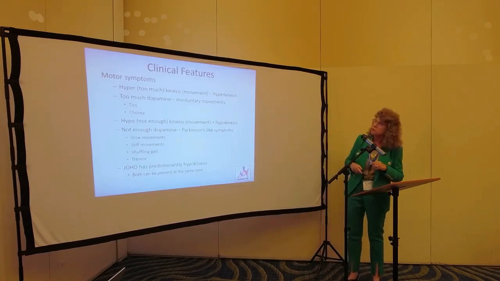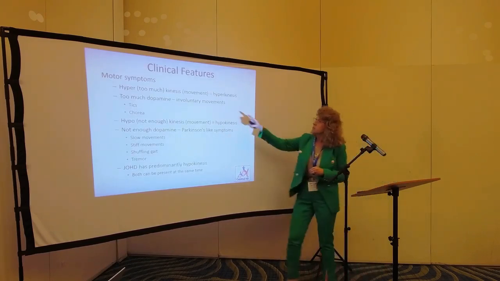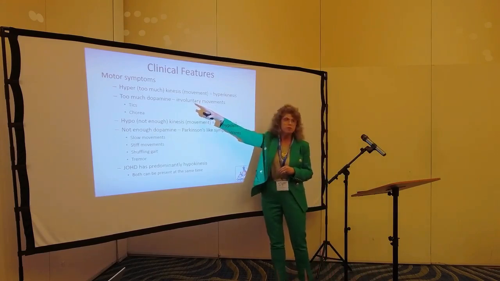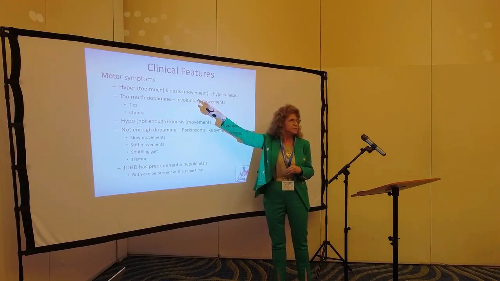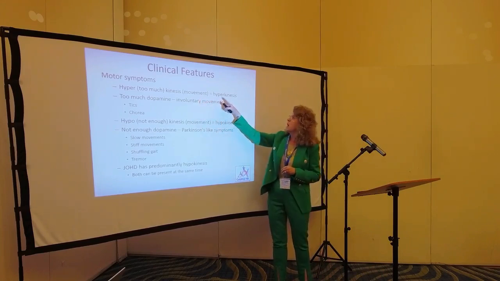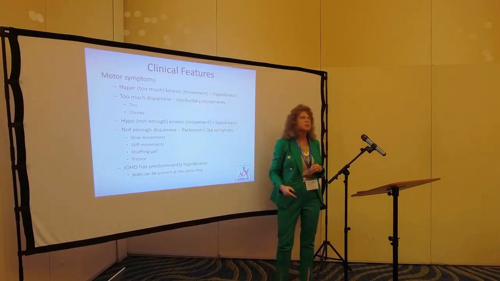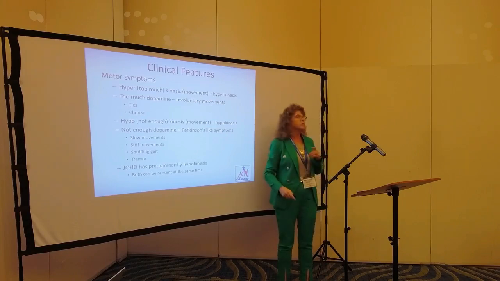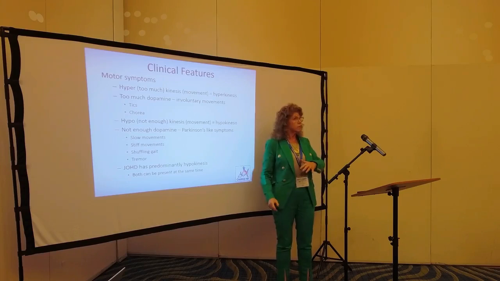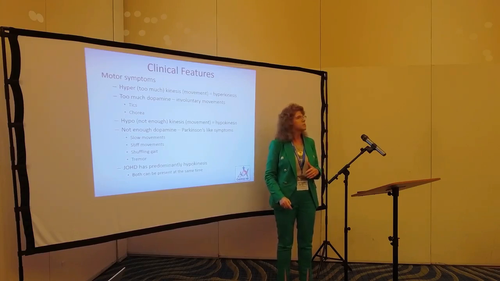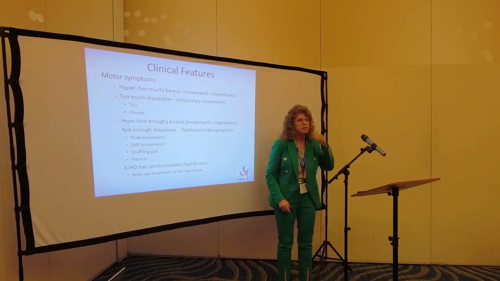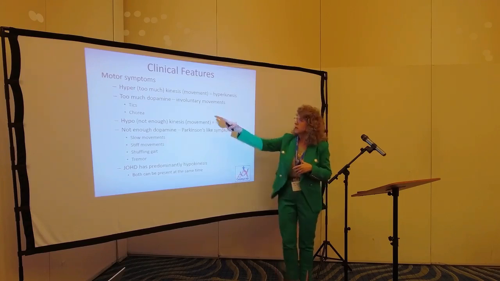So in the motor symptoms, we call this too much kinesis. Kinesis means movement. So hyperkinesis means too much dopamine and involuntary movements. And that can be chorea, but it can also be tics, right? Tics can be vocal, blinking, right? It's too much movement and chorea.